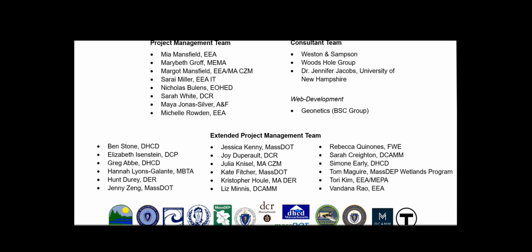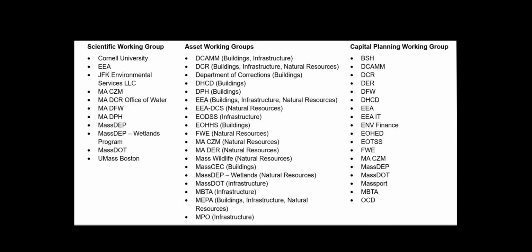We would like to acknowledge the following individuals and organizations for their contributions to the development of the Massachusetts Climate Resilience Design Standards tool. The development of the tool included active engagement and regular feedback from representatives from the Resilient Massachusetts Action Team, as well as subject matter experts. 5 working groups were established to provide guidance and close review on the following topics: scientific, buildings assets, infrastructure assets, natural resource assets, and capital planning.